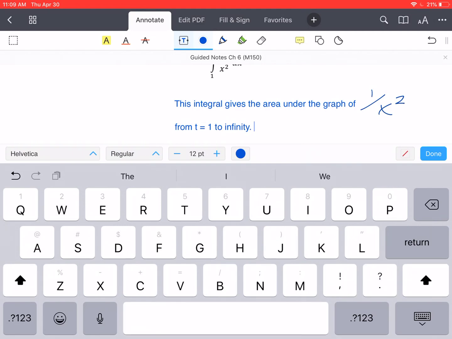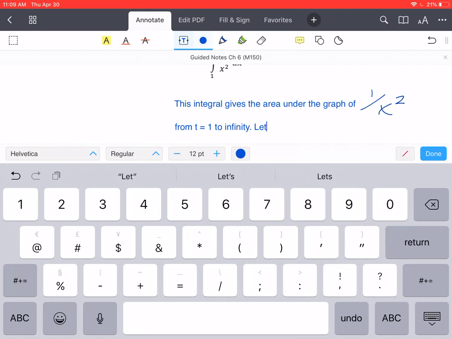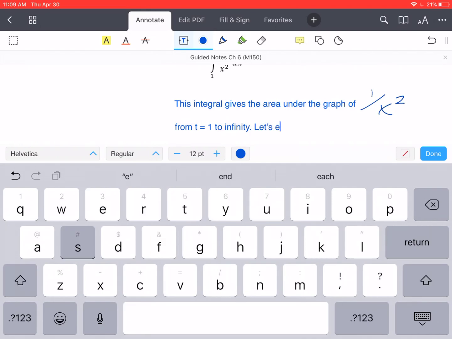The way that we're going to proceed in solving improper integrals like this is we're going to estimate. So let's estimate with some finite integrals.